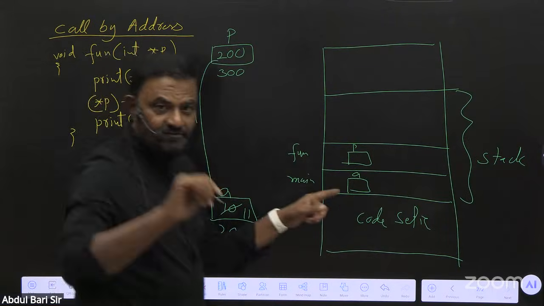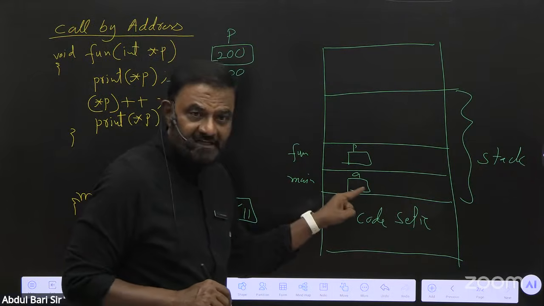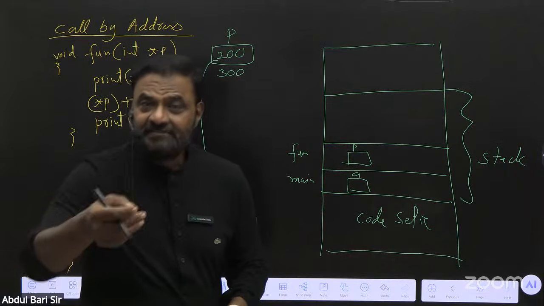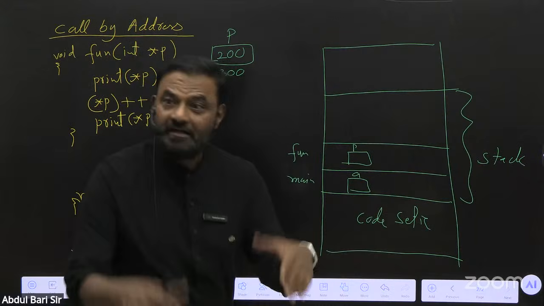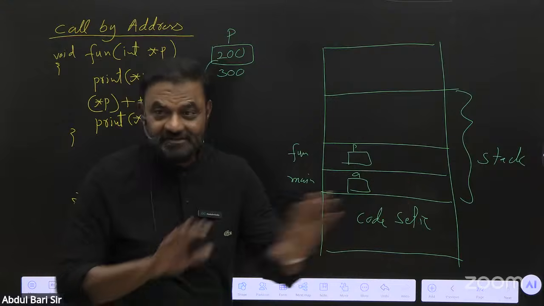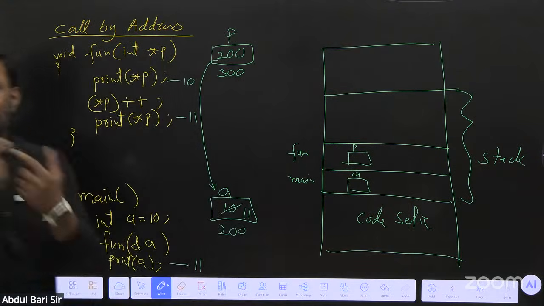Before that, I have one question here. This activation record belongs to main. This activation record belongs to fun. Now the question is, can one function directly access the activation record of another function? No. But it is possible indirectly.